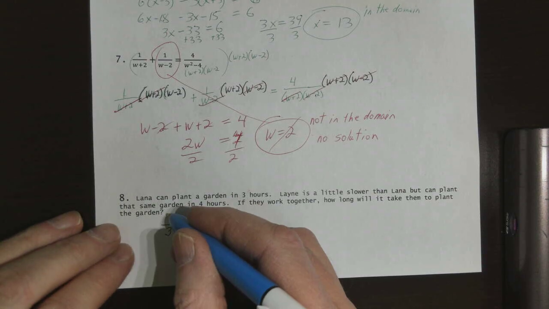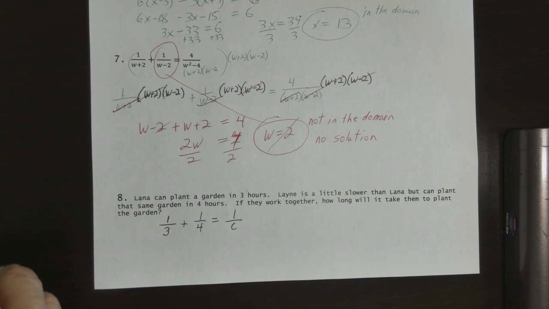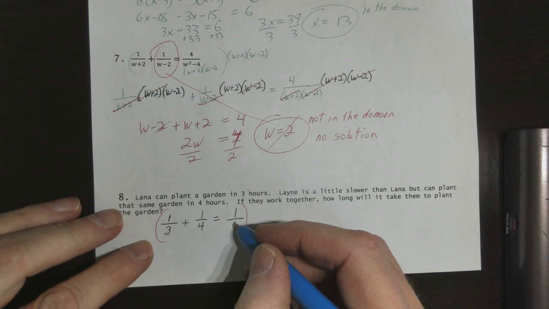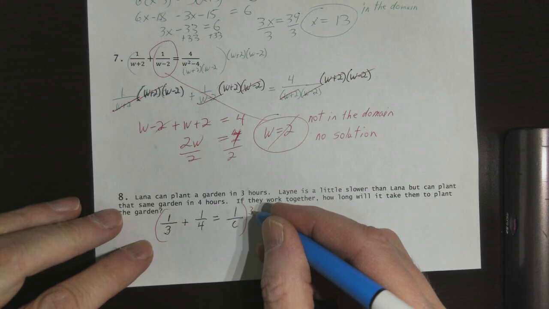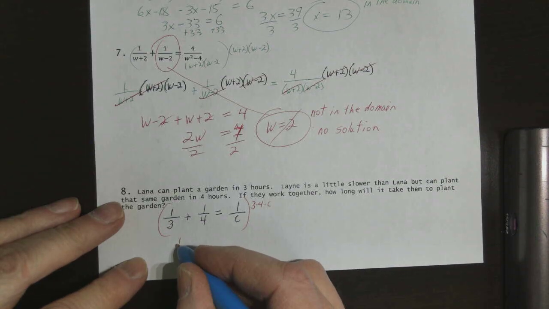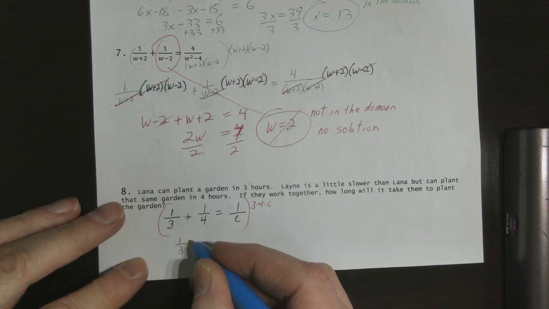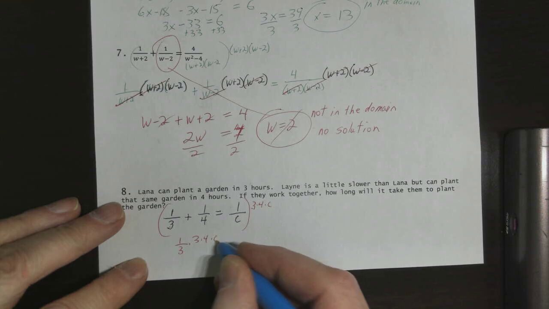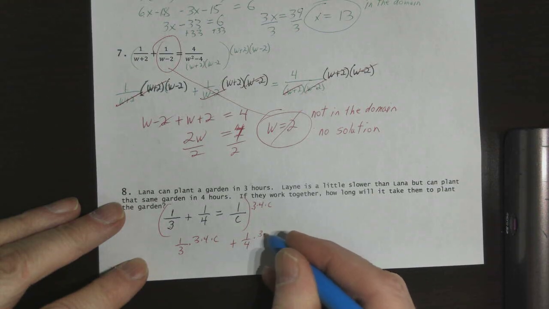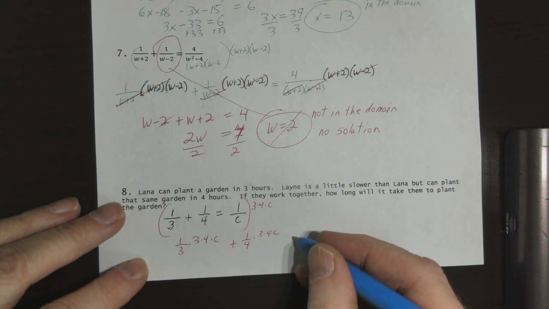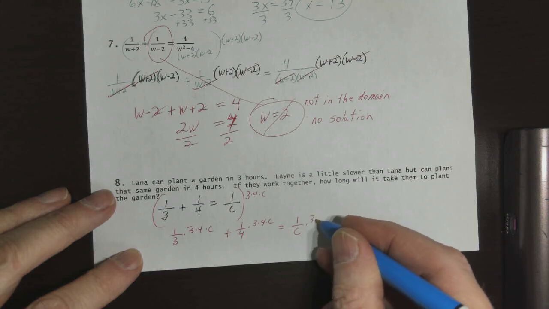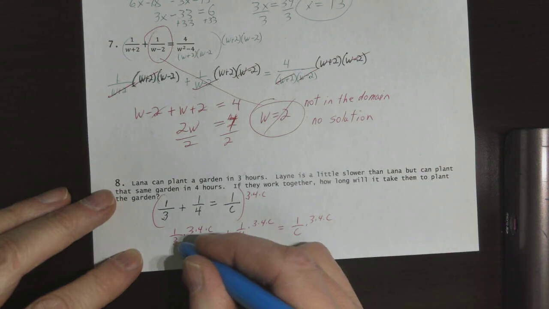Now, I'm just going to go through and multiply this equation by 3 times 4 times c, by all the denominators. I'm going to take 1/3 times 3 times 4 times c plus 1/4 times 3 times 4 times c equals 1 over c times 3 times 4 times c.